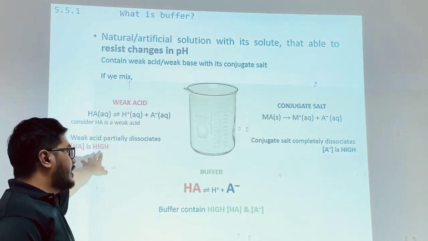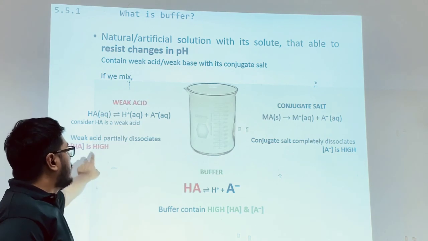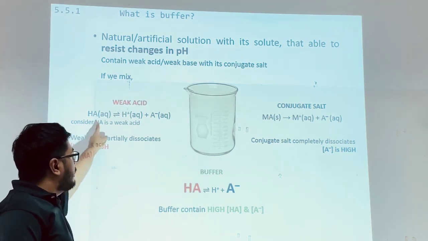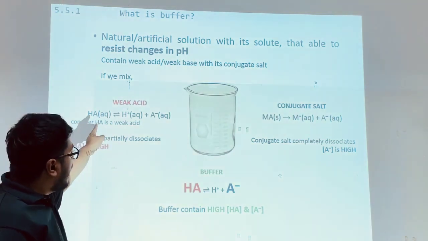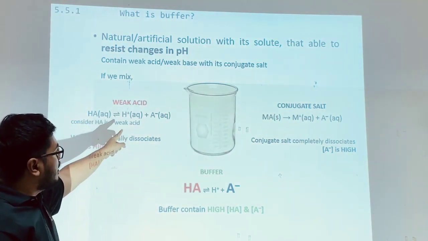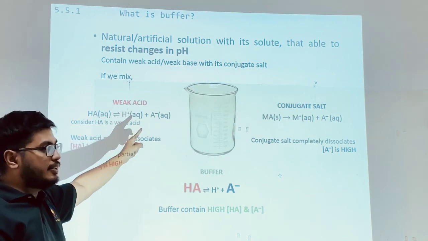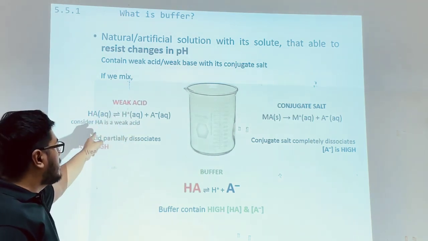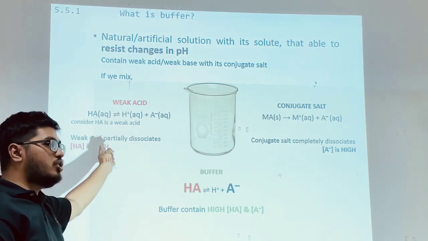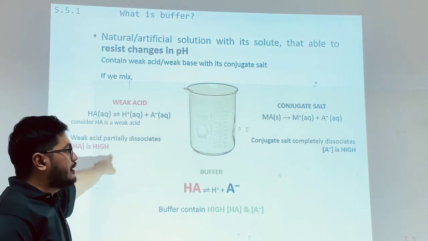When the weak acid partially dissociates, the concentration of the acid itself is very high. Why? Because when the acid partially dissociates, H plus is a better acid, so the reverse equation will produce more HA. So the HA concentration is high.